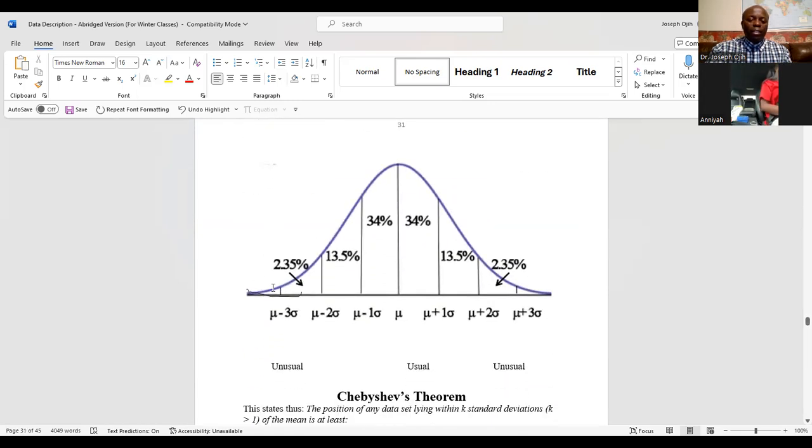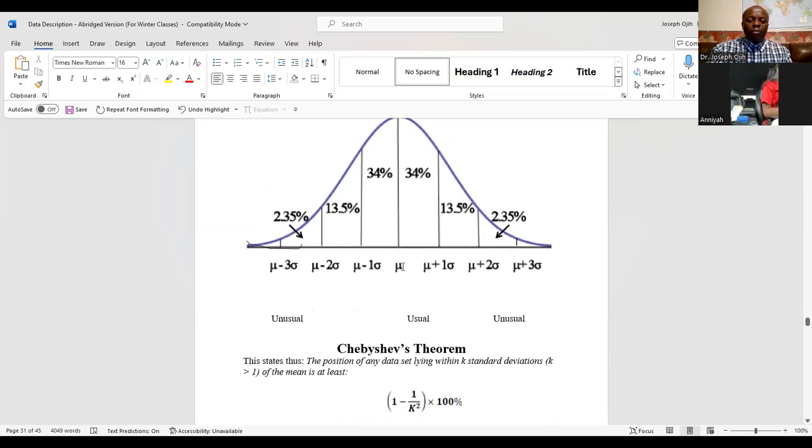Look at this data set. You can see that it's bell-shaped, and we have the mean right here. The center is the mean. On the right side, we have +1 standard deviation, +2 standard deviations, +3 standard deviations. On the left side, you have -1, -2, -3 standard deviations away from the mean.